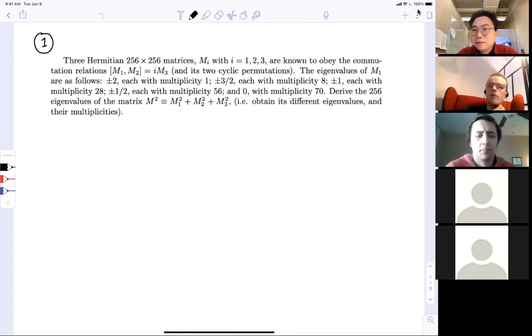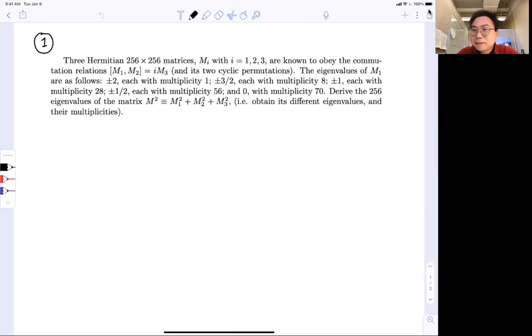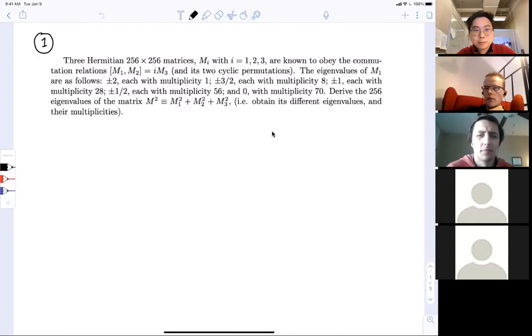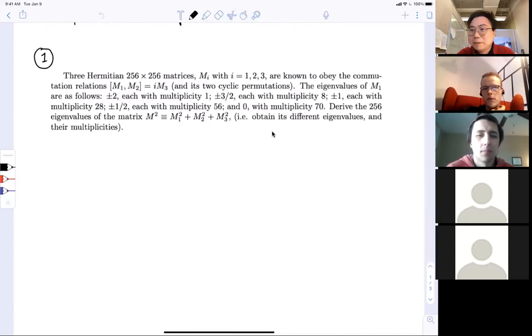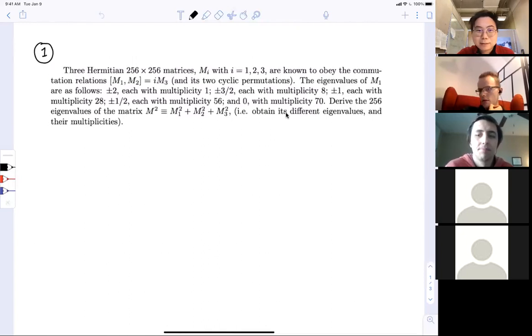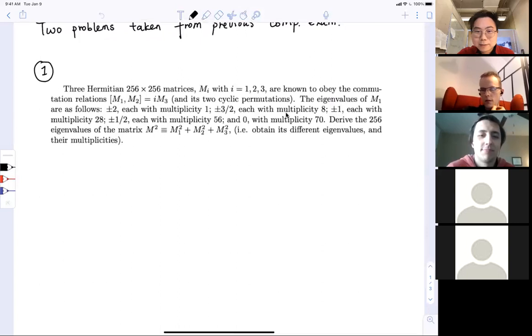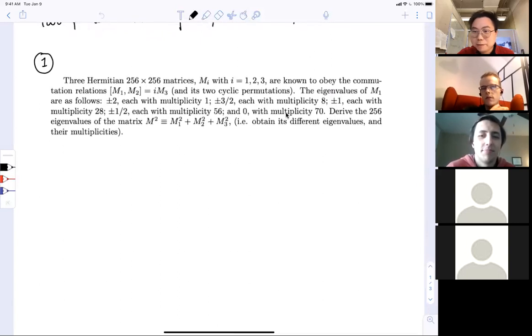Right. So let's look at the first problem, and I may give you several minutes to think about it. Then we can go through it together. Also, let me know if you think the problem is unclear. I can clarify.